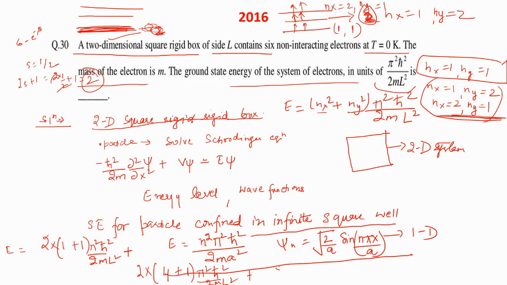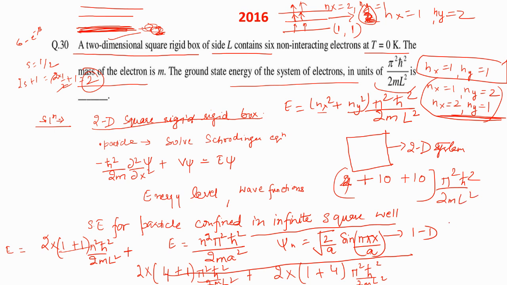And when ny is equal to 2 and nx is equal to 1, then again there are 2 electrons. So solve this. This is 1 plus 1 is 2, and 2 into 2 is 4. This is 4 plus 1 is 5, 5 into 2 is 10. And the other one is also 4 plus 1 is 5, 5 into 2 is 10. Pi square h cross square upon 2mL square is common. So then it is 24 pi square h cross square upon 2mL square.